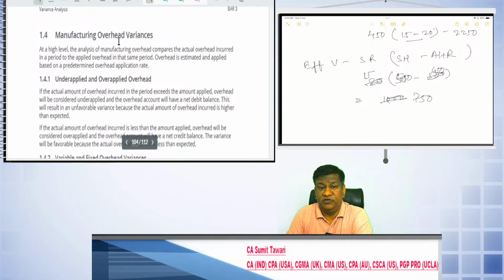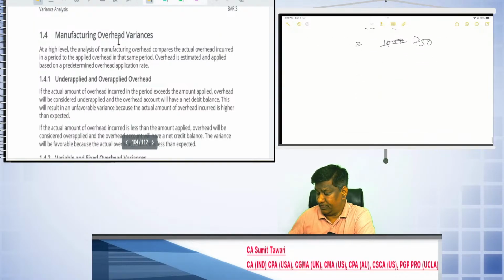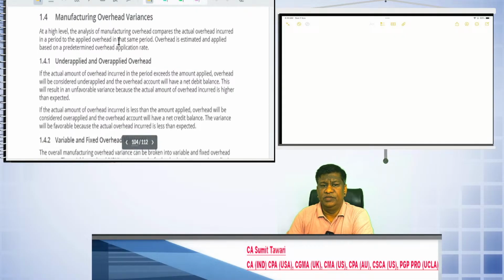Then manufacturing overhead variances. Okay. So overhead variances, because this is not a direct cost, we generally calculate on the basis of applied, I mean the standard rate applied.